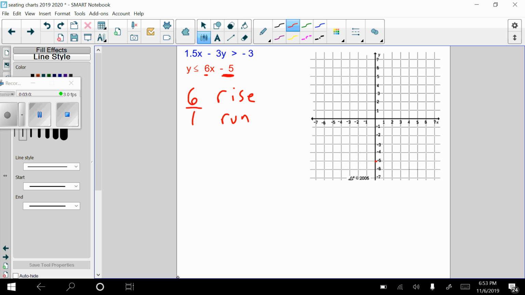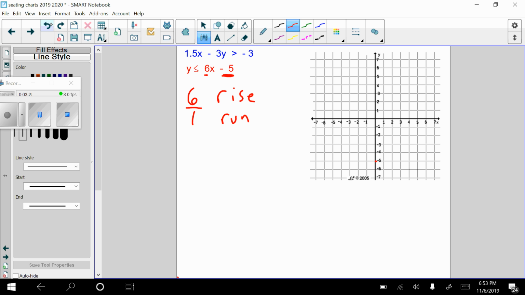It does not mean that I go from this point out to this point where 6 is. I still have a lot of people doing that. It means that I need to count up from the -5, 6 spaces. So if I go 1, 2, 3, 4, 5, 6 from -5, it takes me all the way up to where the 1 is, +1.